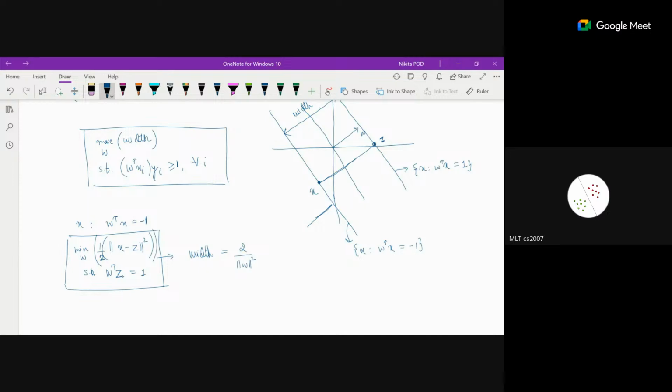So instead of minimizing norm of X minus Z squared, we minimized 1/2 norm of X minus Z squared, and we got this width to be 2 upon norm of W squared.